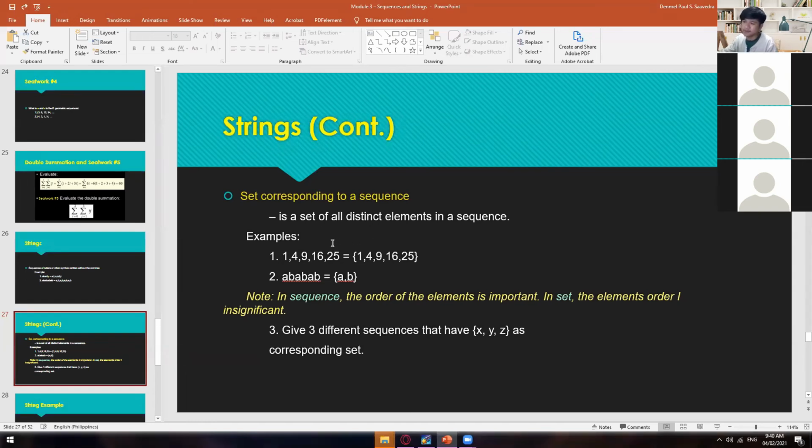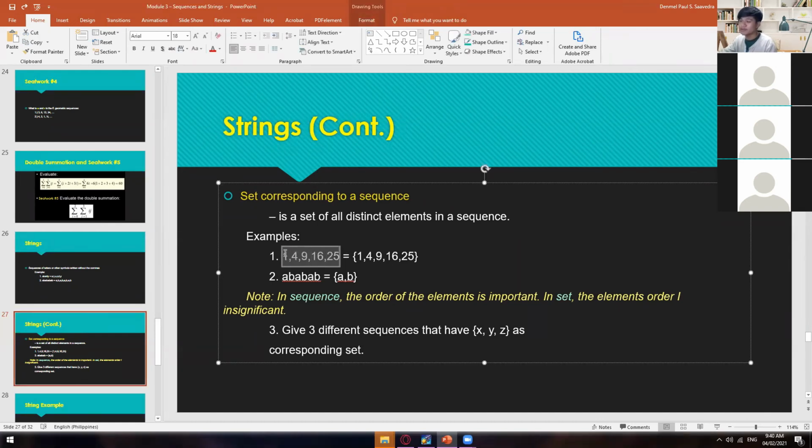If you recall, in a set, elements are separated by commas. But this one now, if there is no open and close bracket, is the sequence. And if you transform this one into a string, just remove the comma: 1491625.